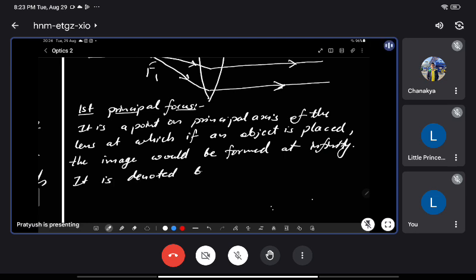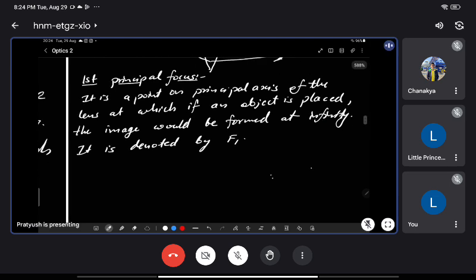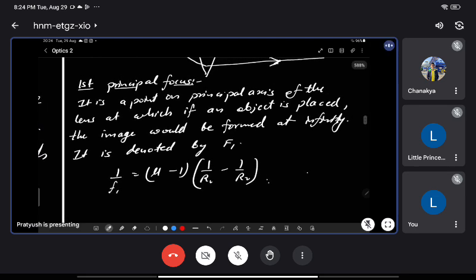It is denoted by F1. Okay, this is the first principal focus. 1 upon F1 will be equal to mu minus 1 into 1 upon R1 minus 1 upon R2. Take it down fast.